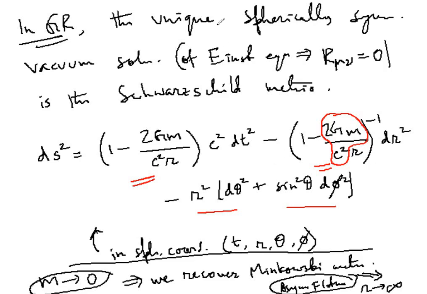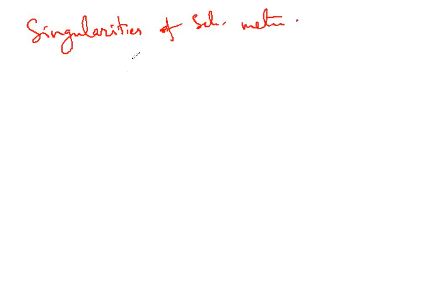So you can say that the singularities of this Schwarzschild metric, how many are there?